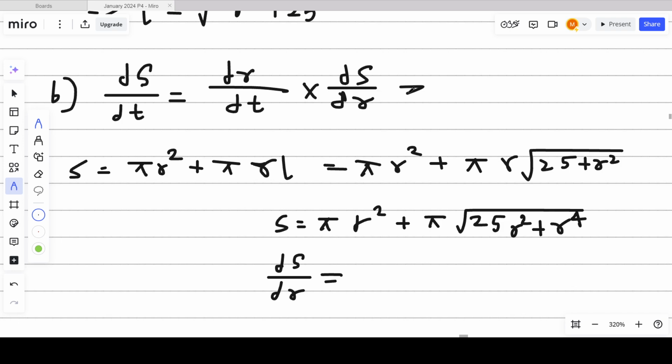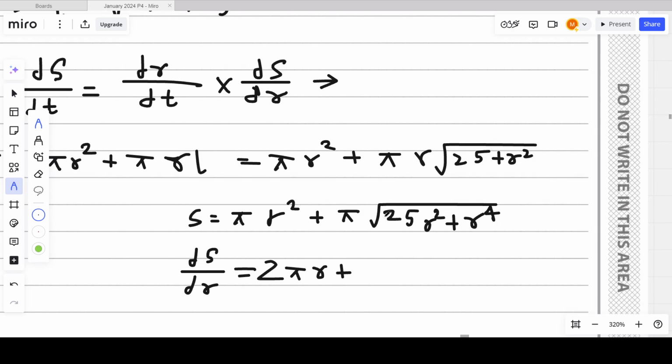Okay, so let's differentiate. 2 pi r plus, it is basically a composite function, so we need to differentiate it using chain rule. If we write its power, it's better to represent it with its power. Power is what? Half, right?